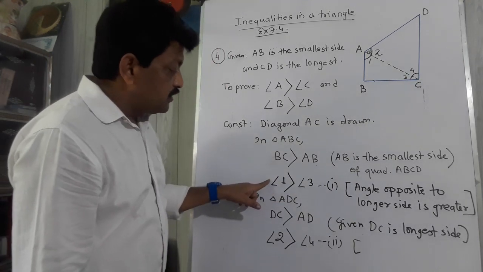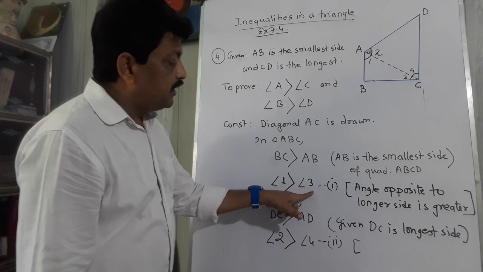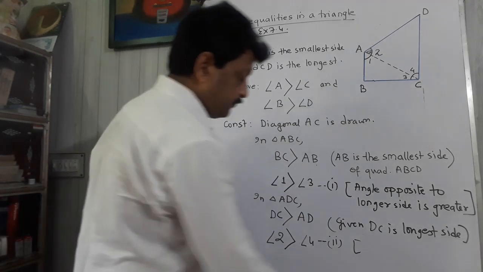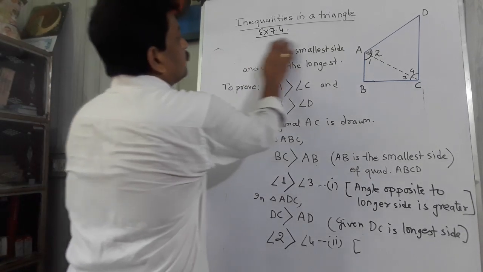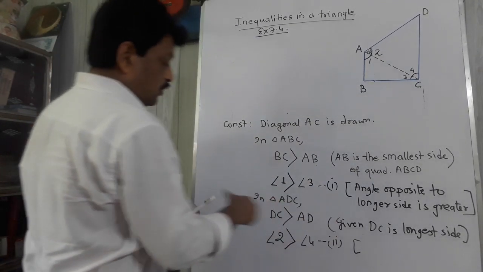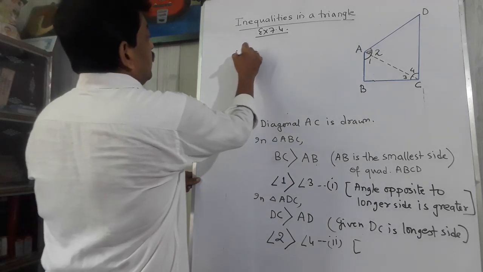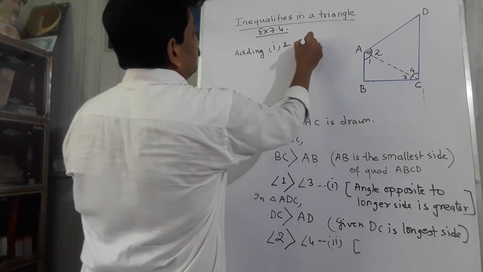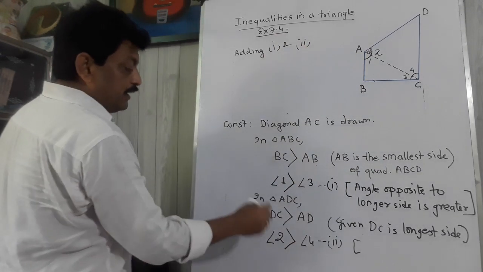So there are two inequations, angle 1 greater than angle 3 and angle 2 greater than angle 4. Now let us add these two. Adding 1 and 2, what we will get?